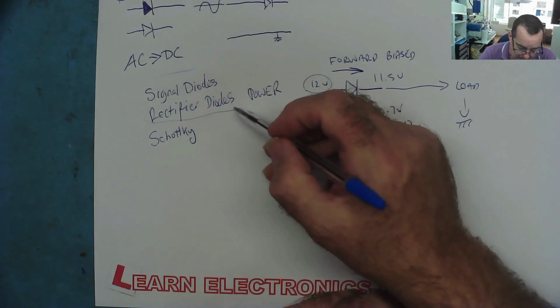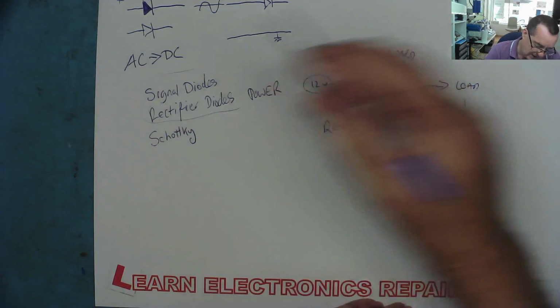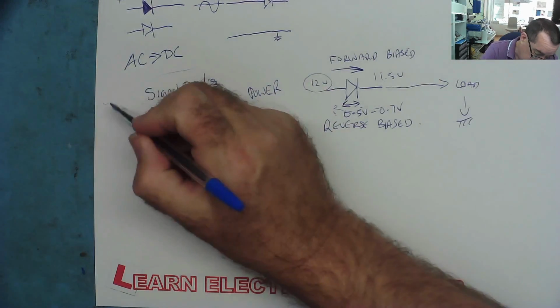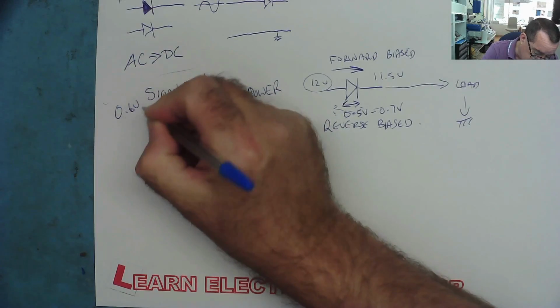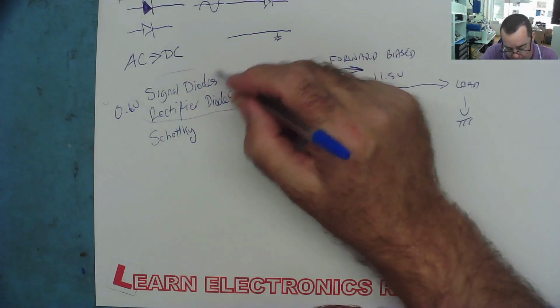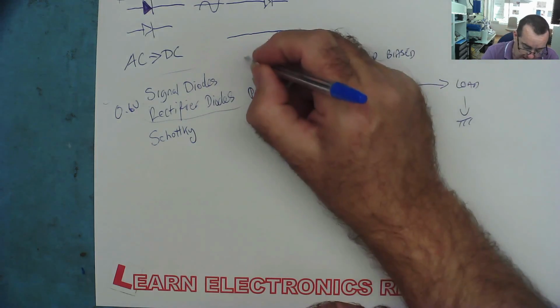Your signal diodes and your rectifier or power diodes, basically these days are silicon diodes. That's the material they're made from, and they drop 0.6 volts typically. Early diodes, and possibly some specialised diodes for radio frequency circuits you find now, were not made of silicon.